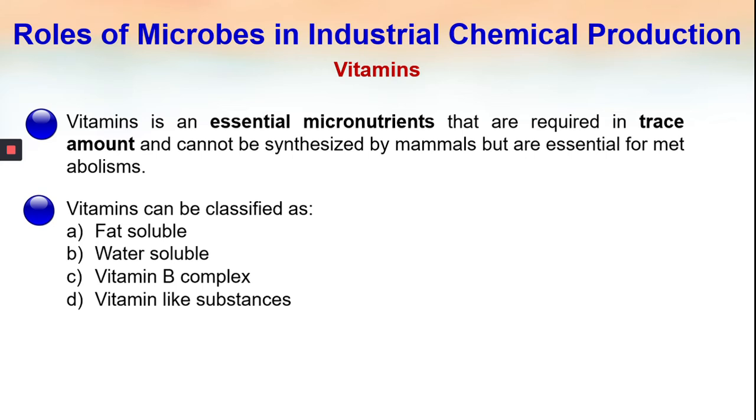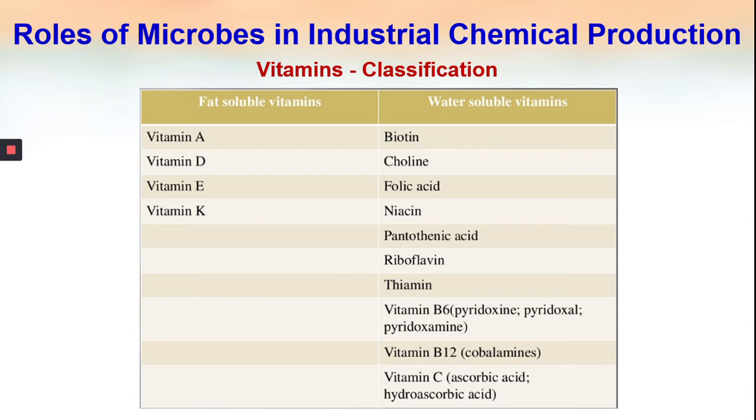To recall your knowledge in biochemistry, there are two categories of vitamin. The first one is fat soluble and the second one is water soluble. Fat soluble is ADEK. That means in order for the vitamin to be absorbed by the body, our body needs to have fat.